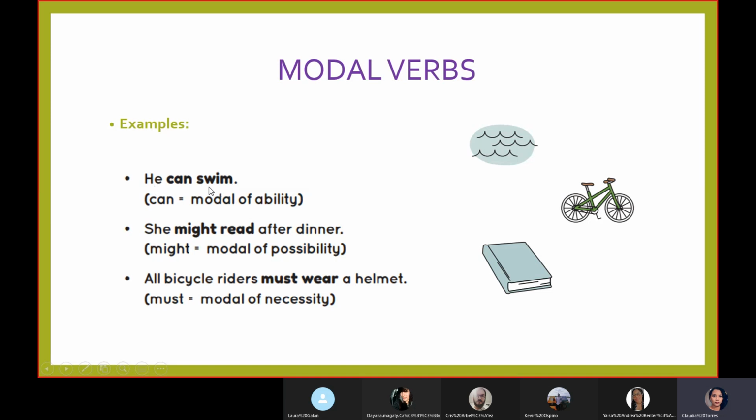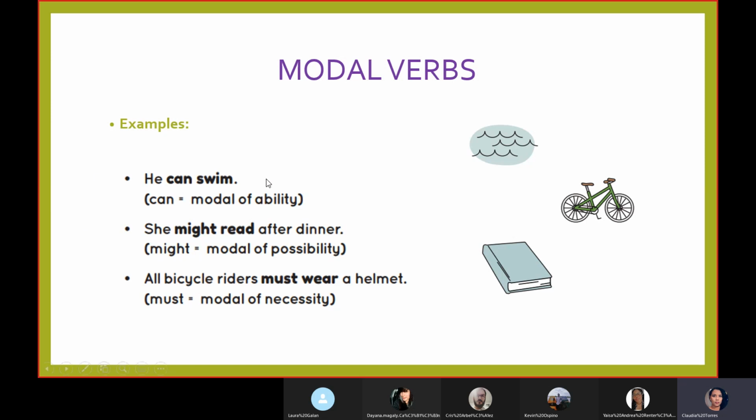For example, in the present simple, when we have he, she, or it, we add s at the end, right? So he swims. But when you have can, you don't change the verb. You don't add any ending. You don't add s or ed, nothing, right?